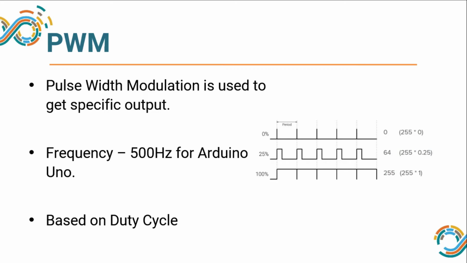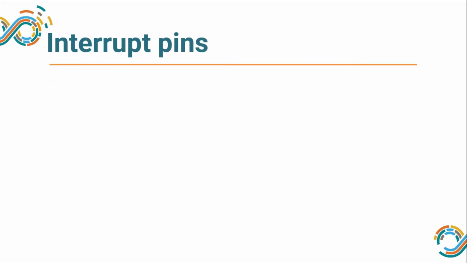And if you keep it low for more time, that means you are sending less power to your connected output. This concept is used to control the illuminance of LEDs or speed of motors, and interestingly, these are available on the digital pins itself.